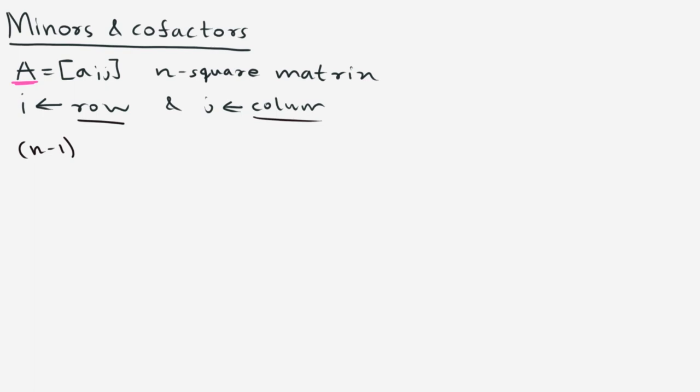This new reduced-order matrix is known as a minor of A.